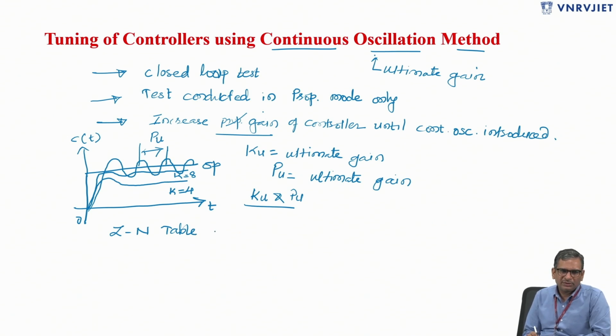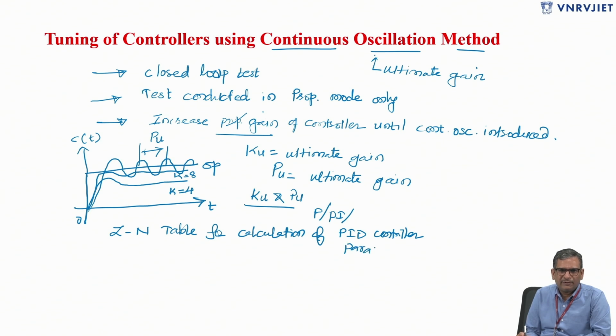This is the Ziegler-Nichols table for calculation of PID controller parameters, right? That is for P, PI as well as PID. For all three modes, we can consider the calculation of P/PI/PID controller parameters.